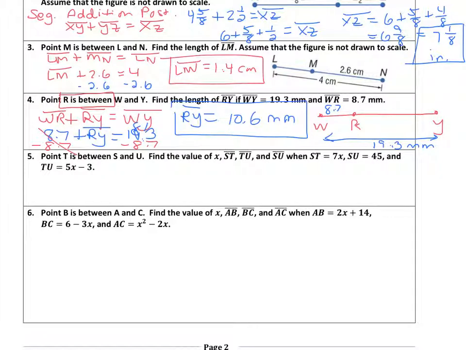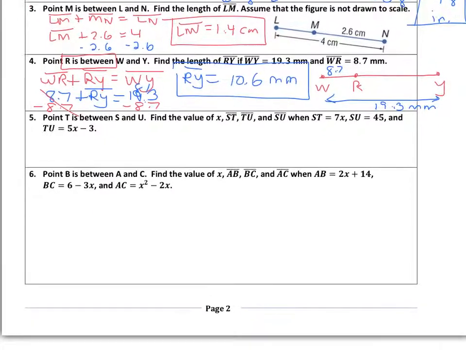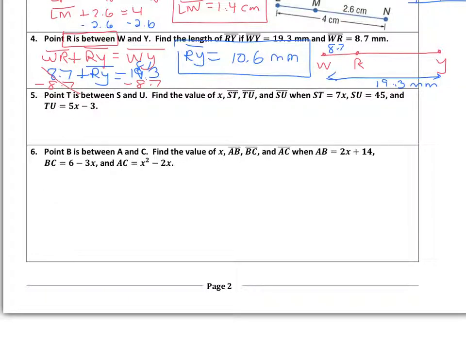Again, example number 5, we do not have a diagram, but we're told that point T is between points S and U. So we have to sketch some kind of diagram. S and U, and point T is somewhere in between them. That means collinear if and only if the whole length equals the sum of its parts. That's really what the segment addition postulate says.